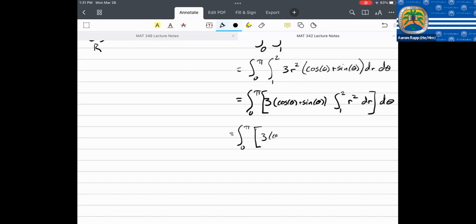Oops. Cosine of theta plus sine of theta. All of that times r cubed over 3 evaluated from 1 to 2. Figure out what all of this is going to look like and integrate with respect to theta.